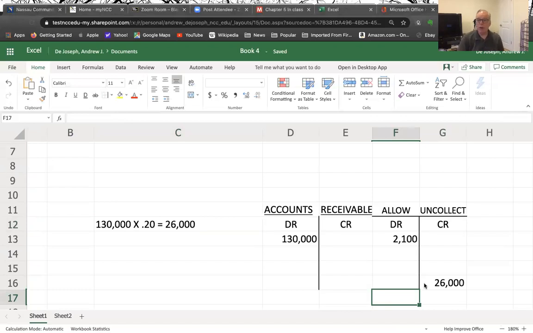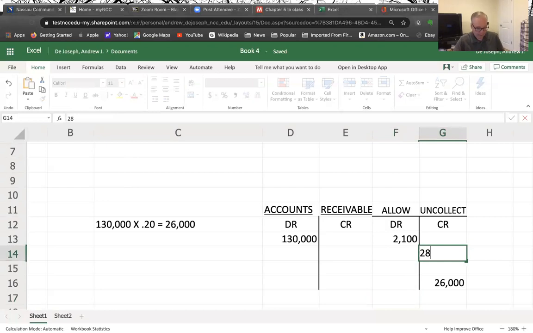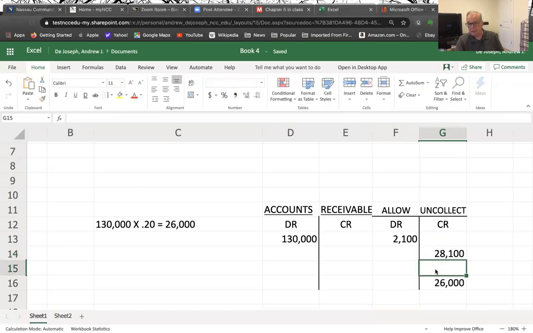So now just apply what you already know about debits and credits, things that you learned a few chapters ago, right? If I have a debit balance of 2,100, but I want it to really be a credit balance of 26,000, what do I have to put in the account to do that? Sounds to me like 28,100, right? Because 28,100 credit minus 2,100 debit is 26,000, right?